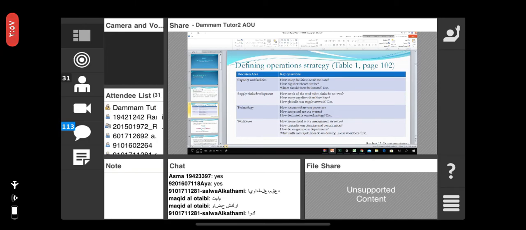Second, what kind of technology: how do we process our work, do we do it manually by hand or bring in automated machines? How do we integrate this, how do we make the whole system work together, how do we connect and integrate all the departments with the suppliers and the customer? Do we need this type of technology? We also need to ask about the workforce, the employees.